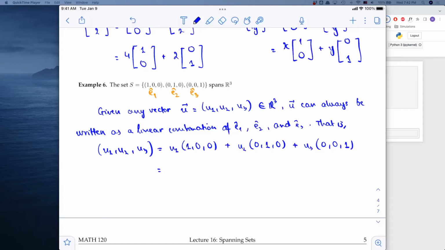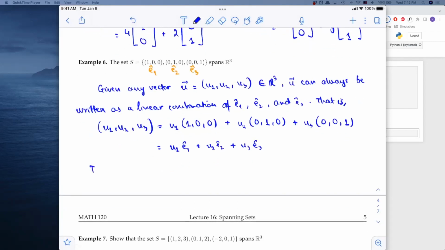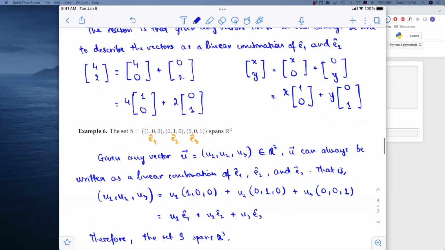So therefore, this is U1 times E1 plus U2 times E2 plus U3 times E3. Therefore, we say that the set S spans R3.